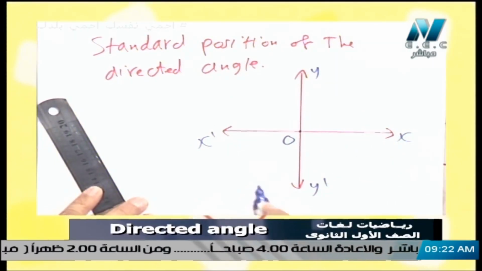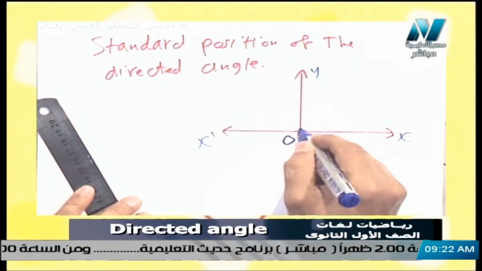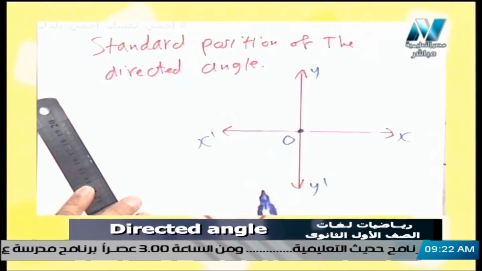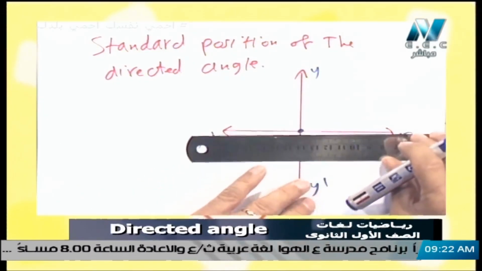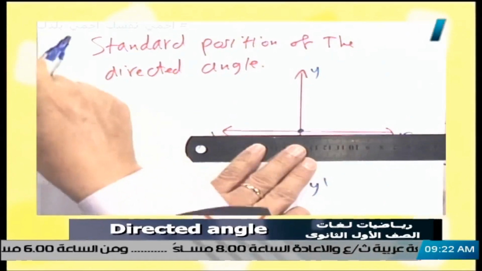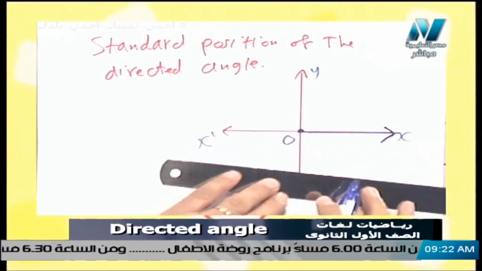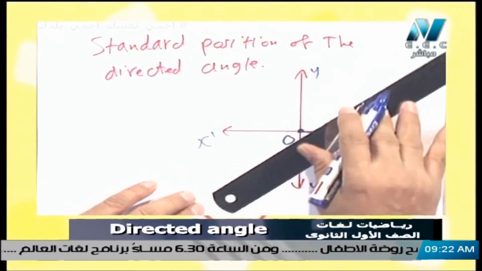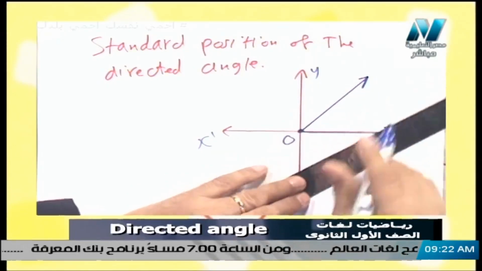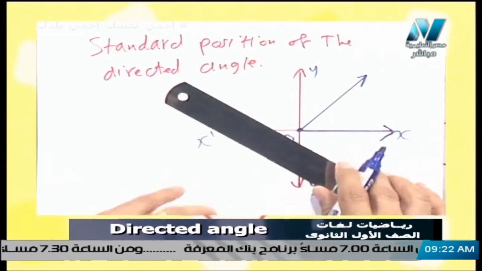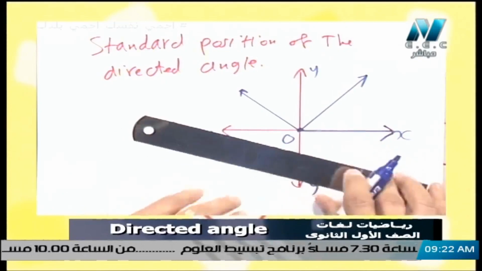So, if the angle's vertex is the origin point, it's the first condition, and its initial side is the positive direction of the x-axis, like that, and the terminal side can be any side here, like that, or like that, or like that.